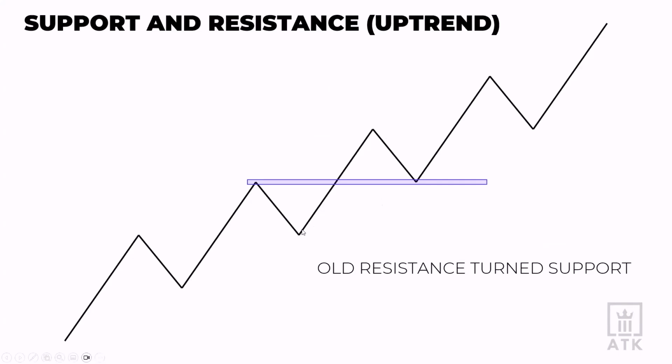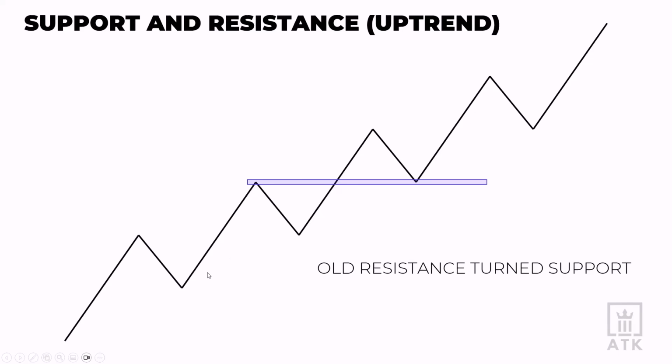Then it will push up, break the previous higher high, and go higher. But price will then come back and retest the previous peak. So old resistance turns into new support. That's a characteristic of the uptrend: old resistance turns into support once it is broken.